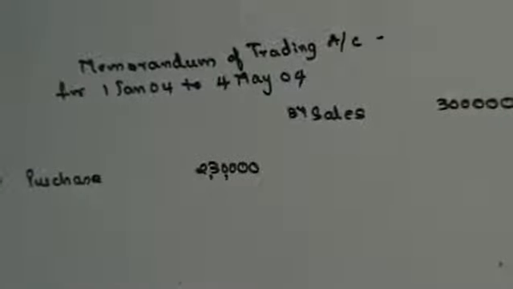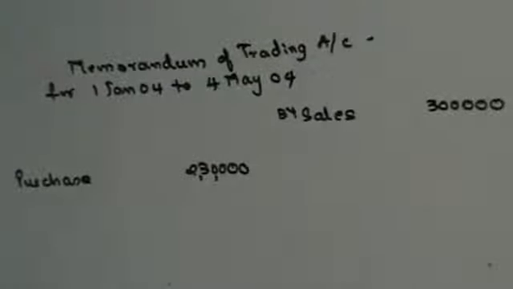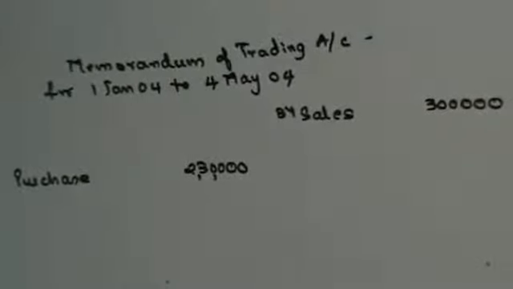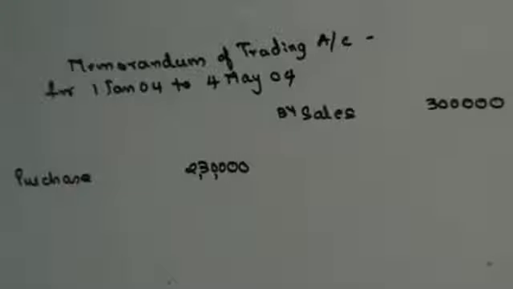Okay, let's move on ahead. On 20th December 2003, that's my previous year, also there was a fire which destroyed stock of genuine cost of rupees 10,000. There is a practice in the company to value stock at cost less 10%.